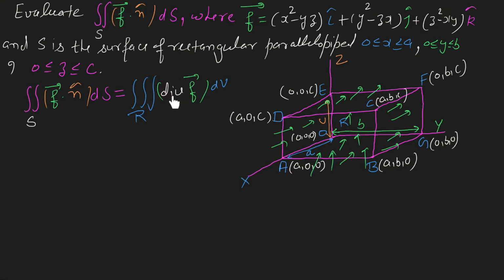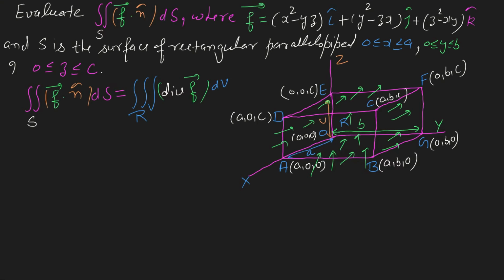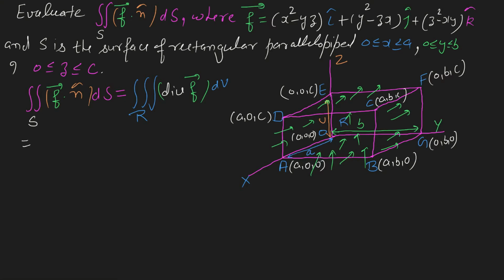Now the divergence of this particular vector field is further equal to a triple integral, where the divergence is taken with respect to x. This term is constant with respect to x, and this will be 2x.